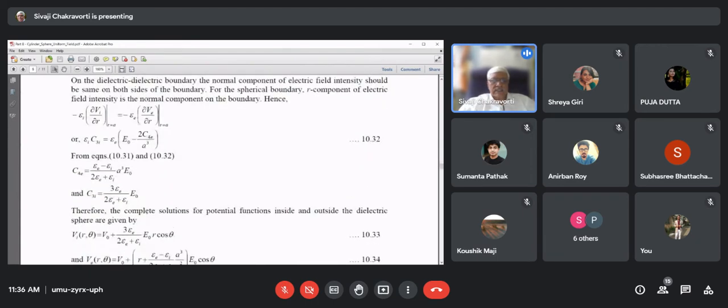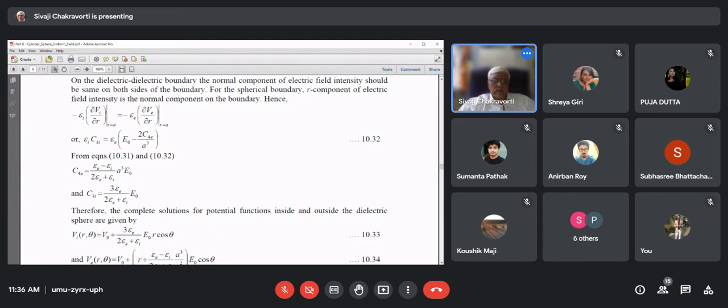So minus del V del R and then multiply it by epsilon and we get the normal component. For inside sphere for R is equal to A, and then we say that this is equal and we get one more equation 10.32. And now in equation 10.31 I have two variables C4e and C3i.